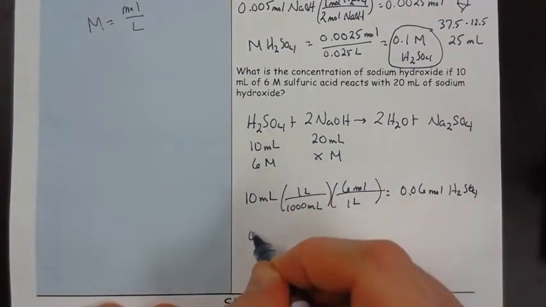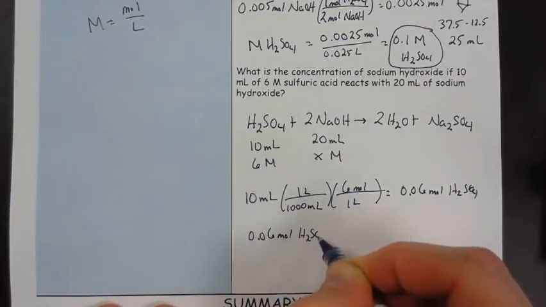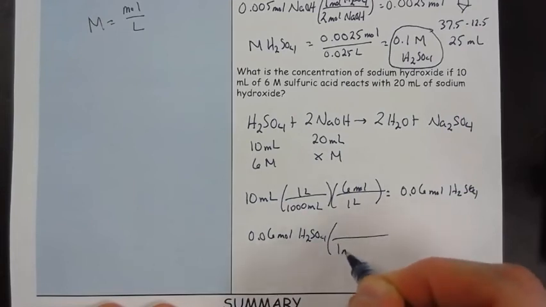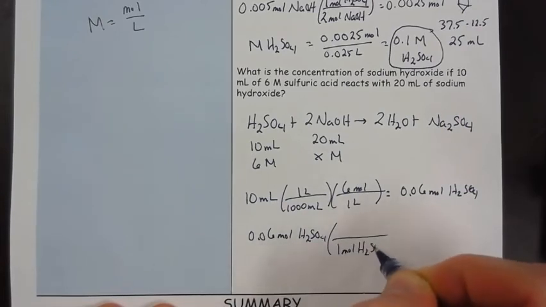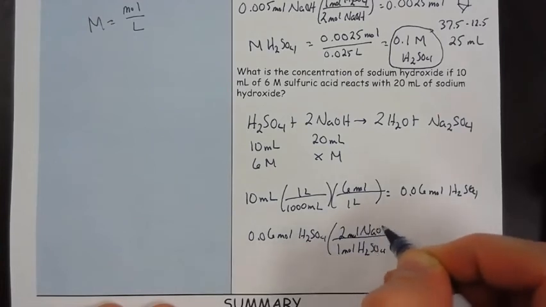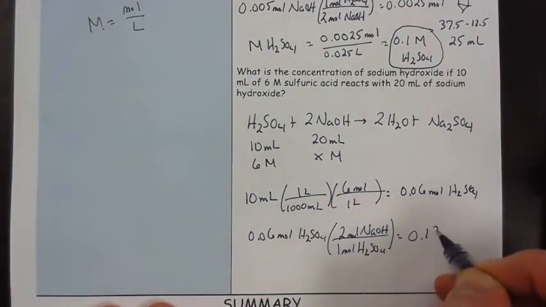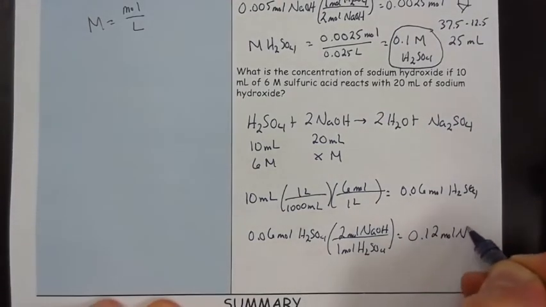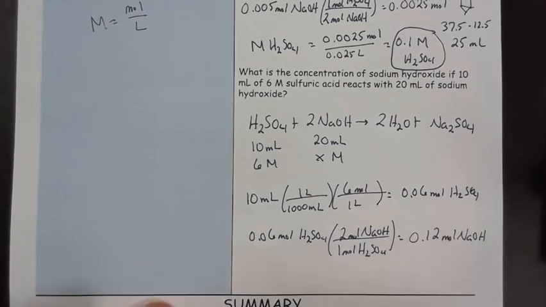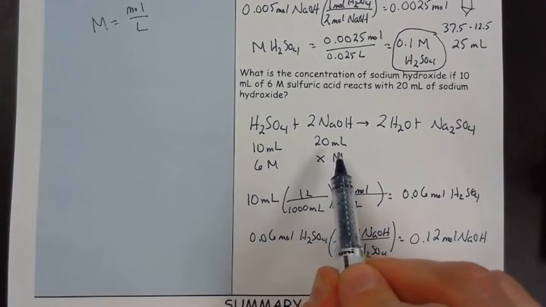So if we start with 0.06 moles of H2SO4, for every 1 mole of H2SO4, we need 2 moles of NaOH. So then that times 2 is equal to 0.12 moles of NaOH.